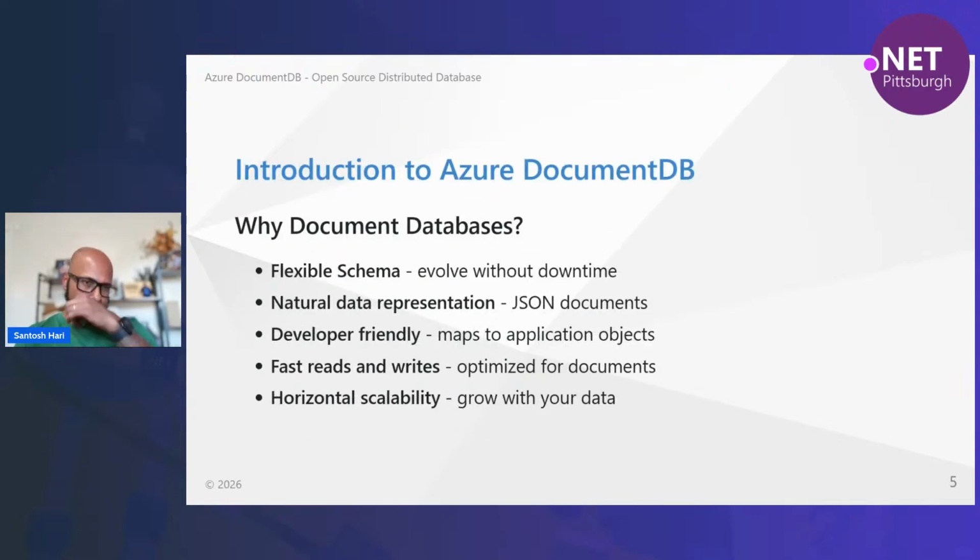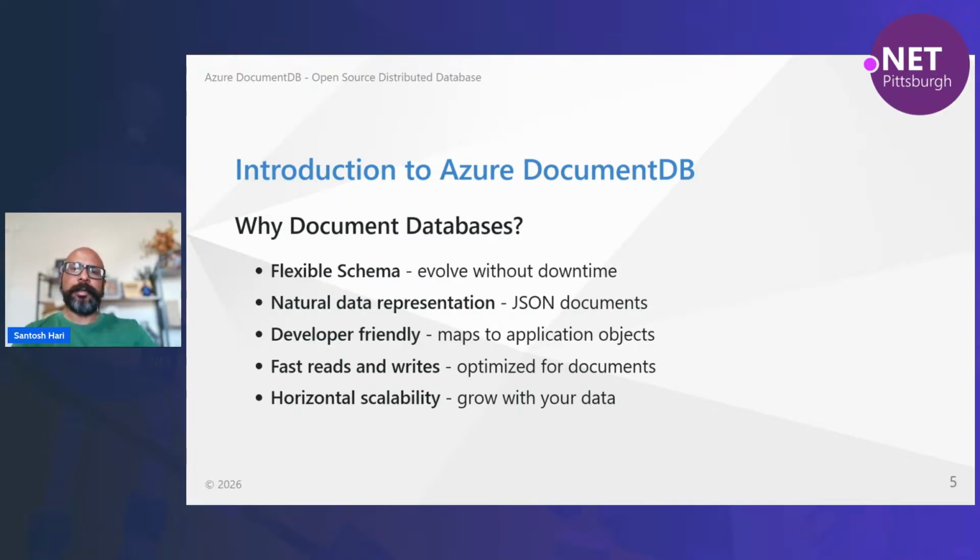So why DocumentDB, right? The number one thing is you don't have the concept of a table. You just have documents. So there's no alter table type thing. If you want to change a document, you just replace it. You're not changing all the columns in a table and so on. So it's a pretty flexible development model.